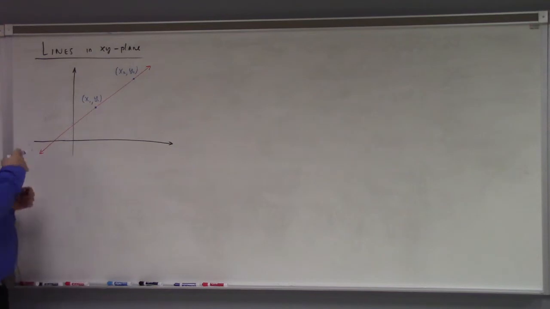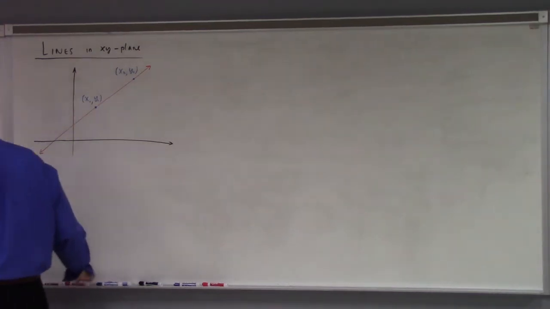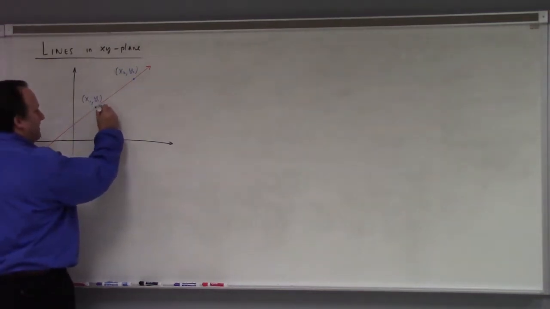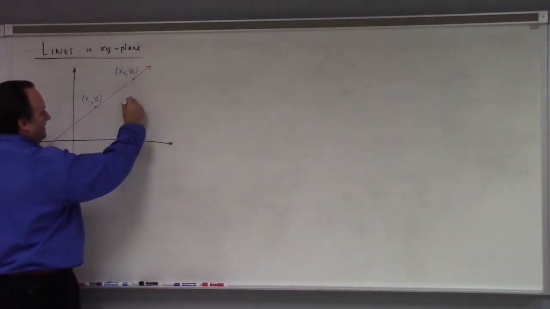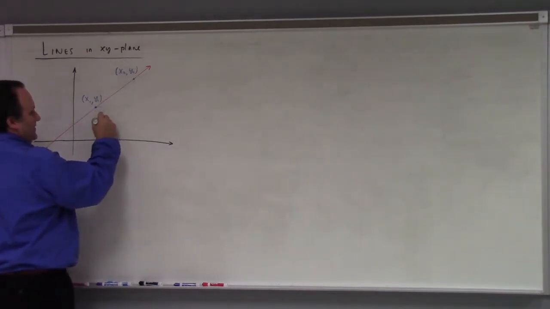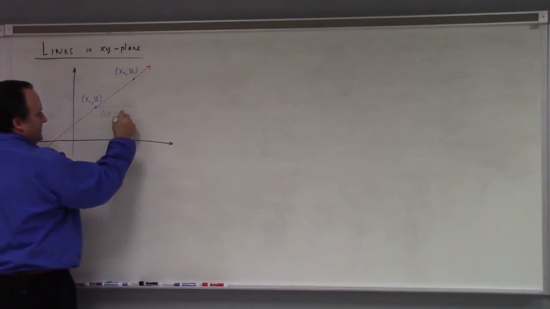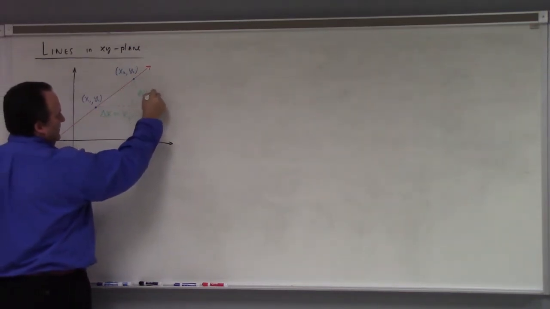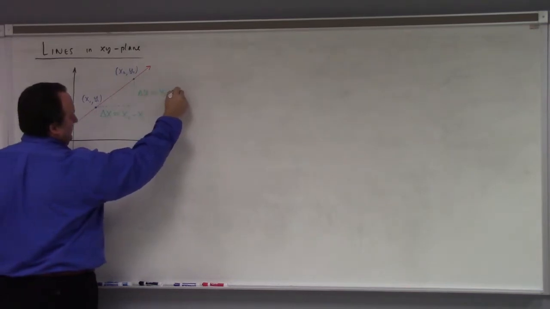If we have these 2 points on the line, then we can look at a little triangle. We can calculate the rise over the run. So we can talk about the delta x, which would be x2 minus x1, and the delta y, which would be y2 minus y1.